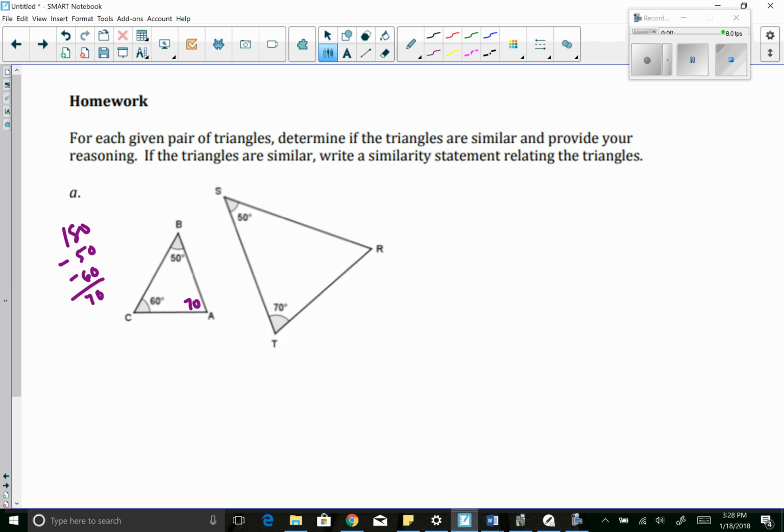If I do the same thing for S and T, 180 minus 50 minus 70, I'm left with 60 degrees. So what I notice is all three angles are the same. So I can say triangle ABC is similar to triangle RST by angle.